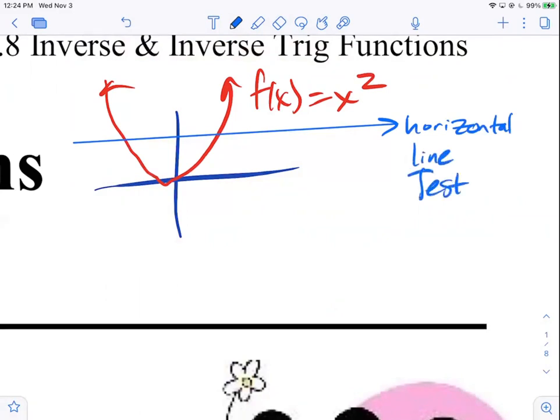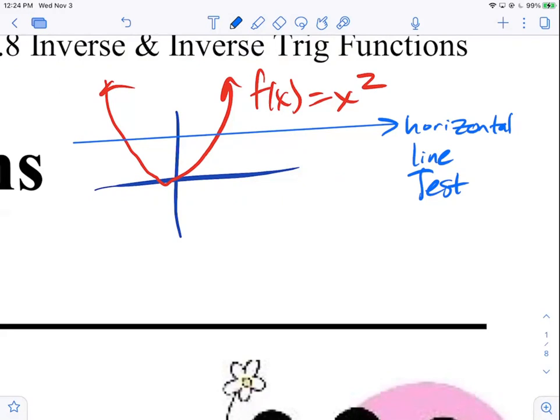To be a function, it has to pass the vertical line test, but that just means that each input can have no more than one output. If we wanted to have an inverse that is also a function, then I need my inverse to pass the vertical line test, the graph of it, okay? But you could do that test on the original function by doing what's called the horizontal line test. So x squared, as you notice, touches this horizontal line twice everywhere except the origin. So it fails the horizontal line test. So its inverse is not a function.